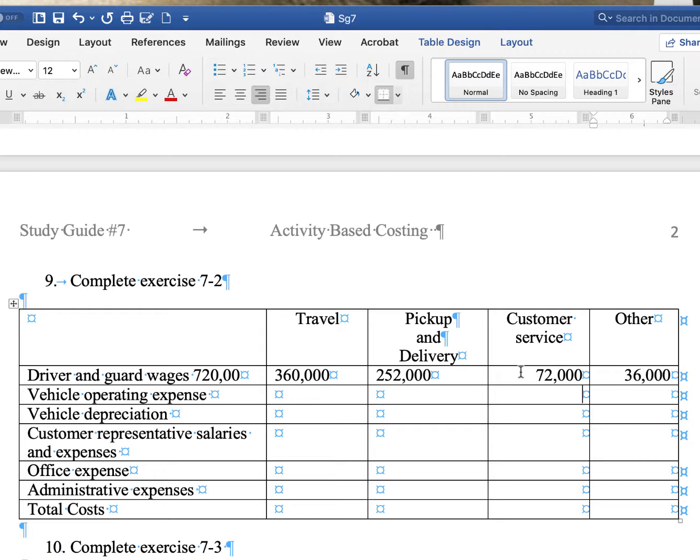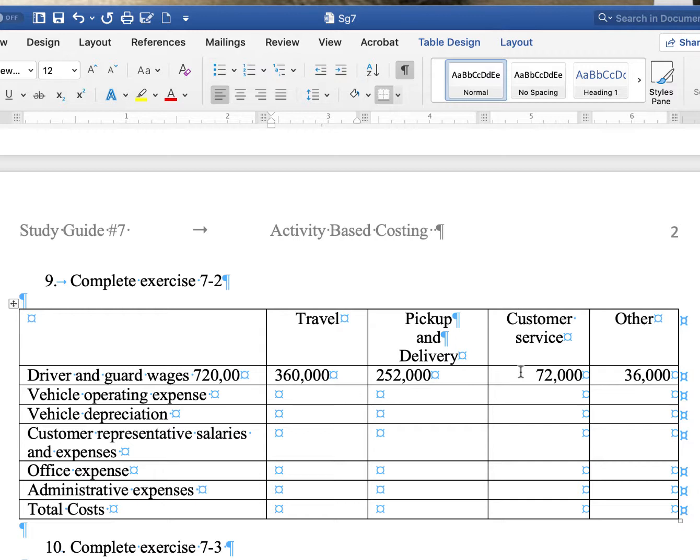Okay. We do the same thing with the vehicle. We have vehicle operating expenses. Out of all those overhead expenses, travel consumes 70% of vehicle operating expenses.